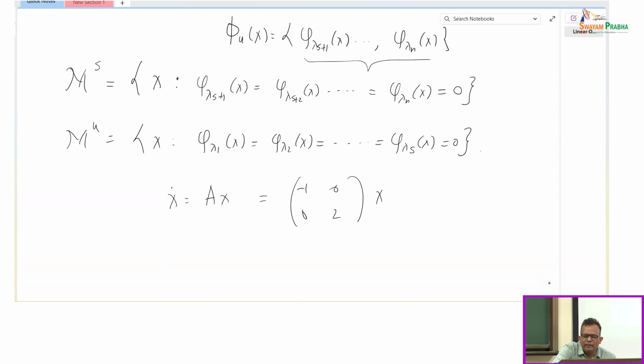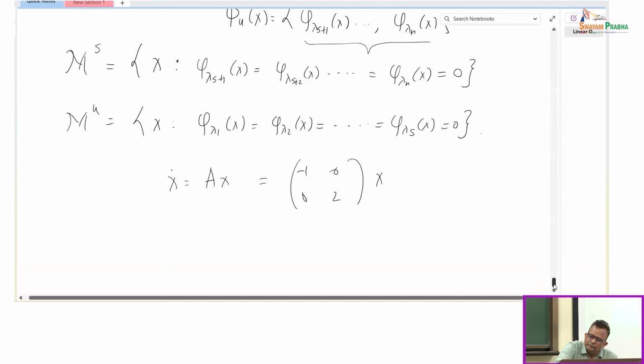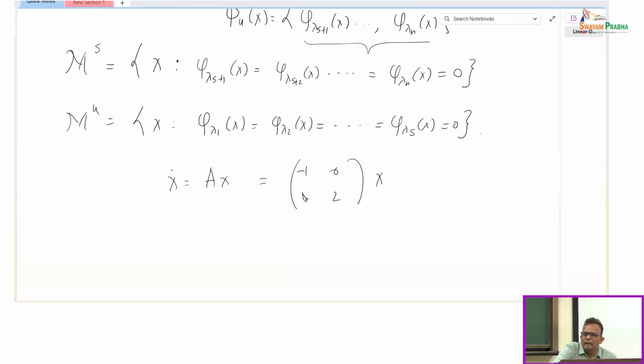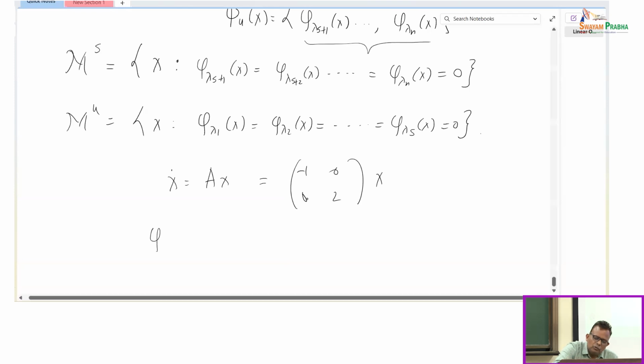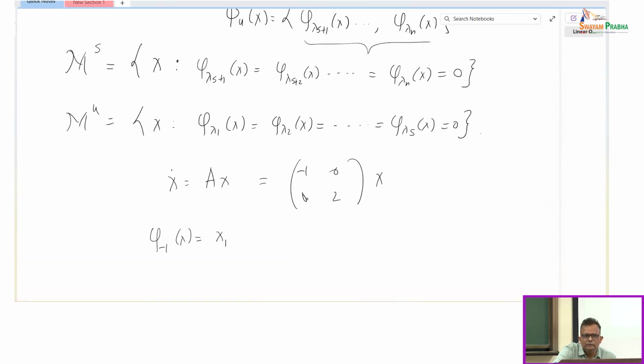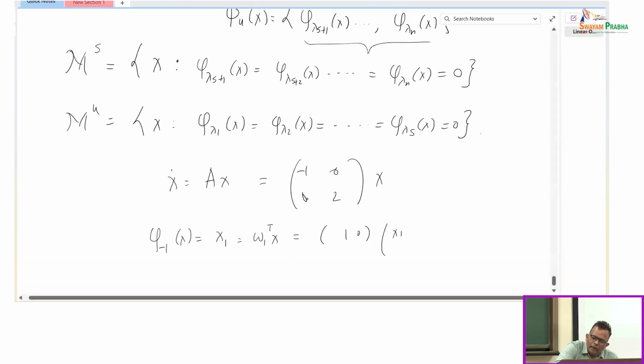What is the eigenfunction associated with eigenvalue lambda, say eigenvalue minus 1? It will be W transpose x. So W for eigenvalue minus 1 will be the left eigenvector, 1, 0. So phi minus 1 of x will be simply x1, because this is W1 transpose x, where W1 is just 1, 0, and x is x1, x2.